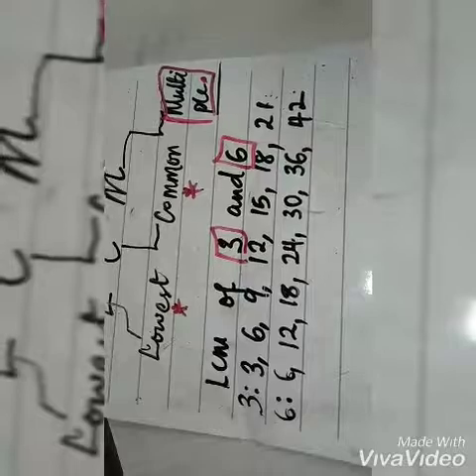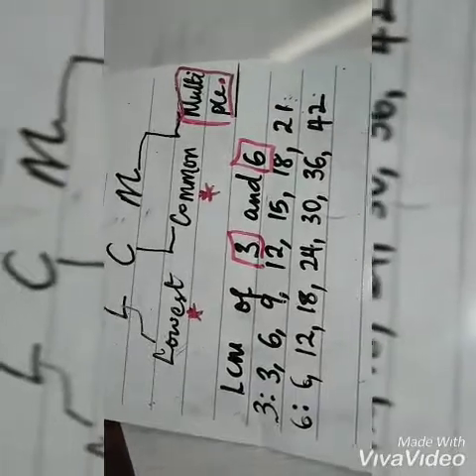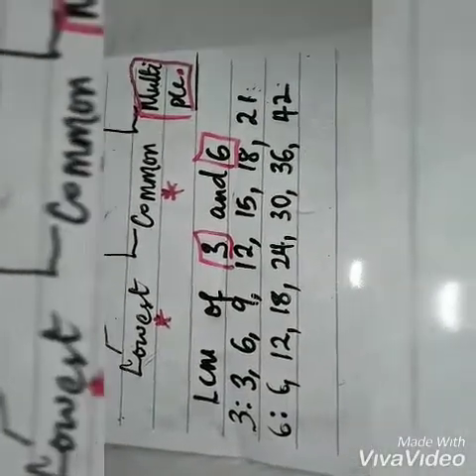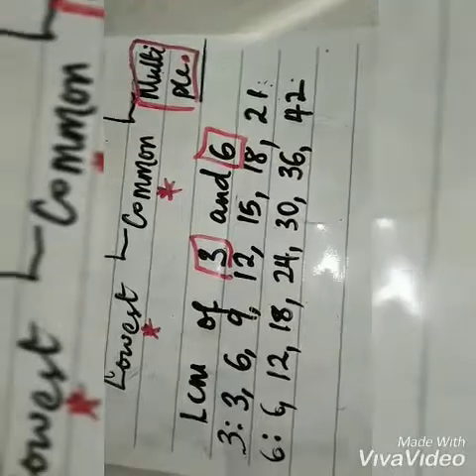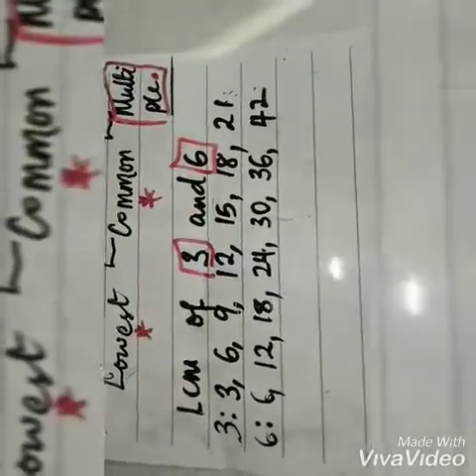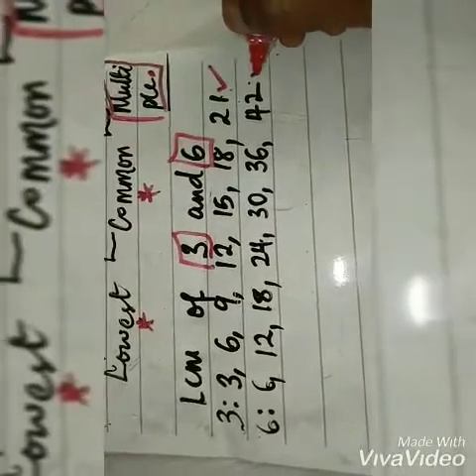And then we go to the next important thing, which is the common. So let's see, what are the common multiples of 3 and 6? I mean, what comes to your mind when you hear common? What's common between me and you? Perhaps what I have and what you have. So what's that thing that is common between the multiples of 3 and the multiples of 6?